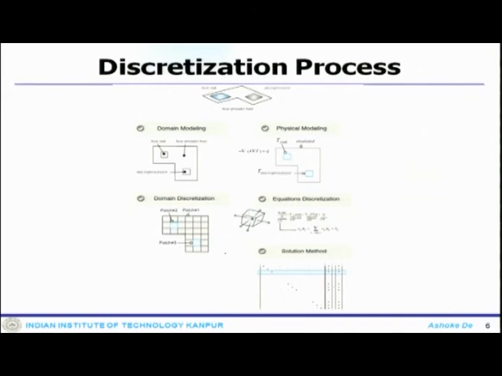Now if you look at the complete picture here, this is my problem of interest, where I have a spreader base, I have a microprocessor which is actually the heat generator, I have a heat sink.